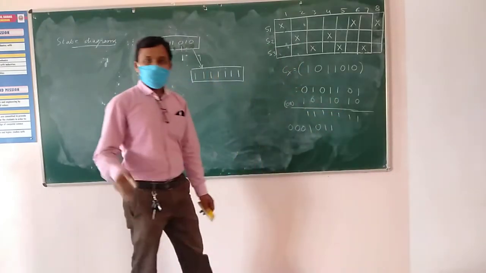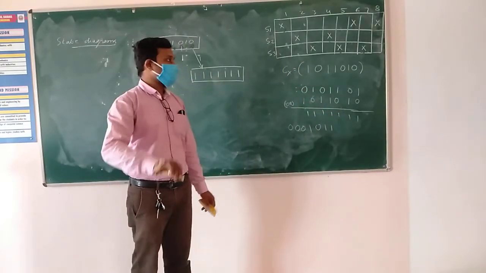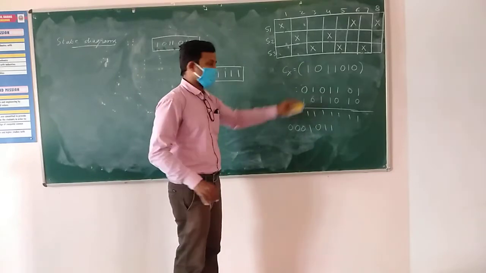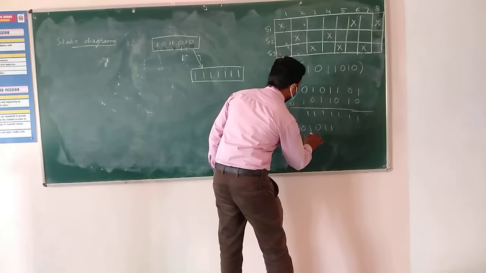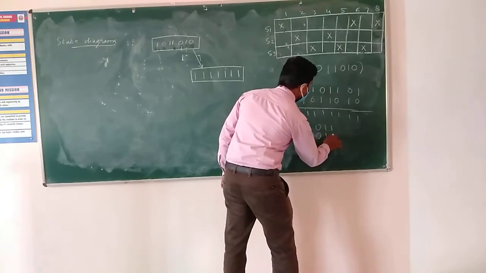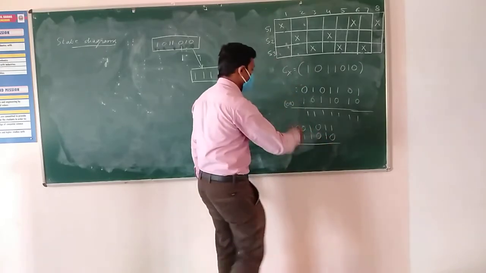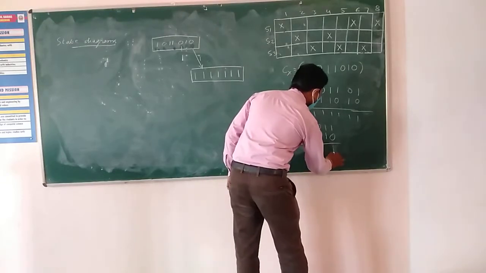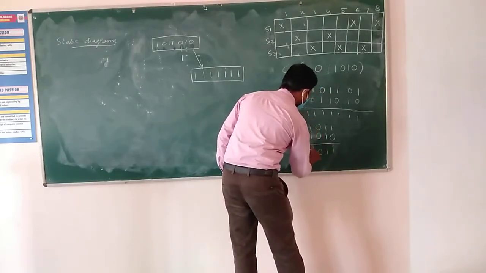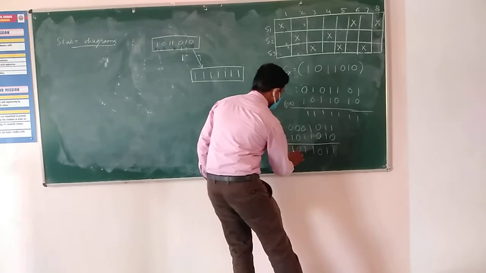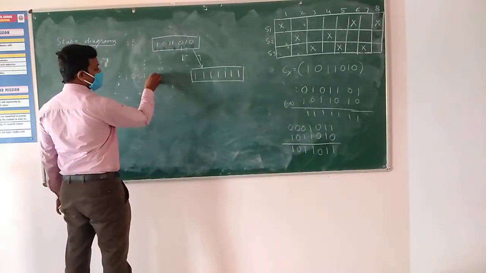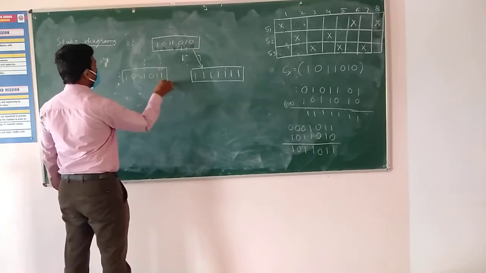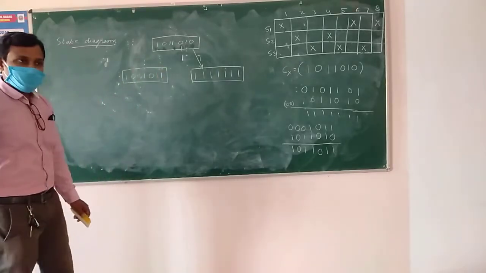And once again bitwise OR with the initial collision vector. What do you get? So it is 1 0 1 1 0 1. And how did you get this?